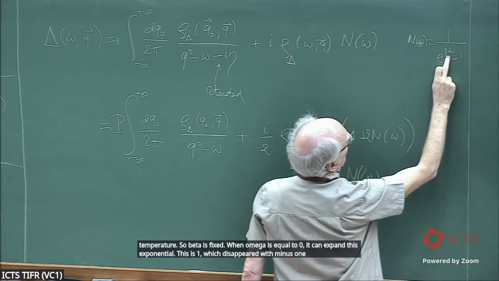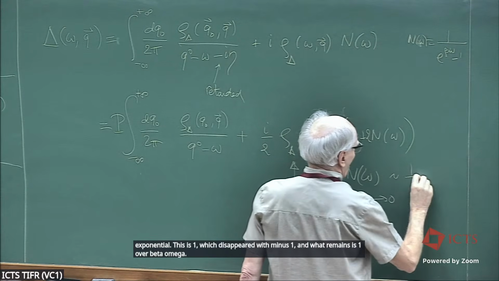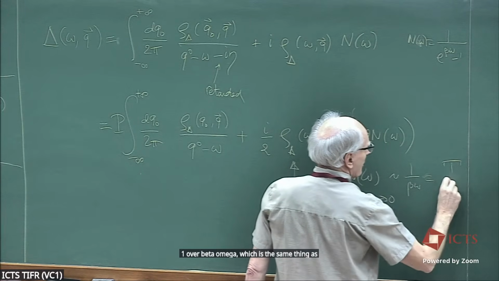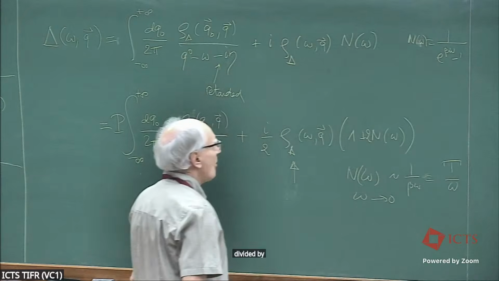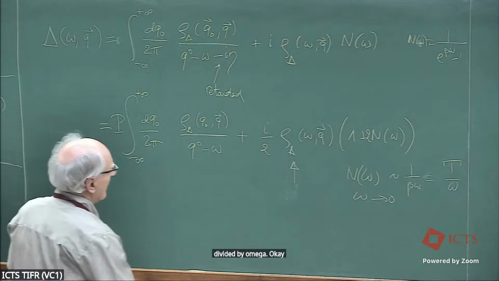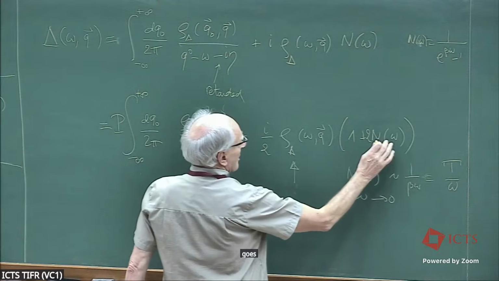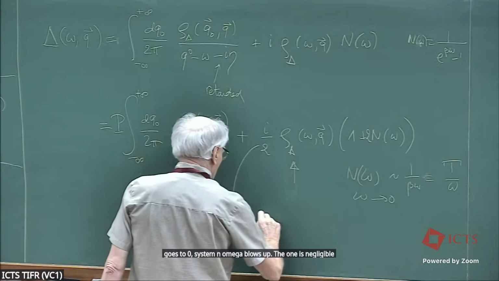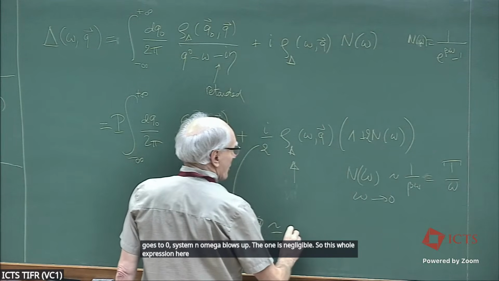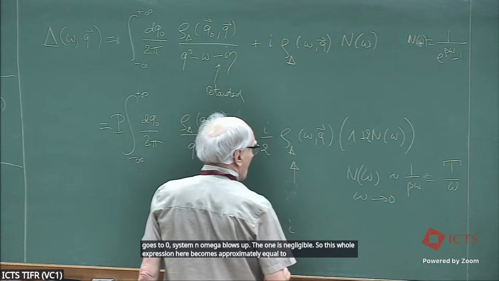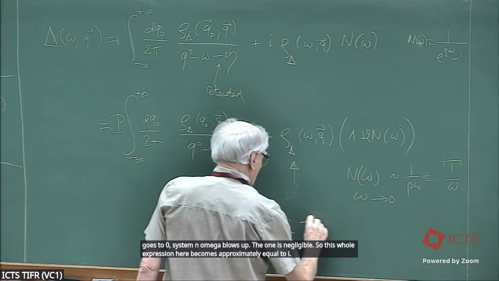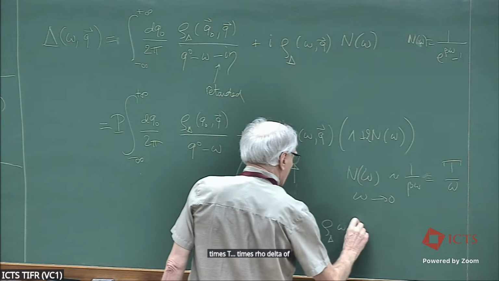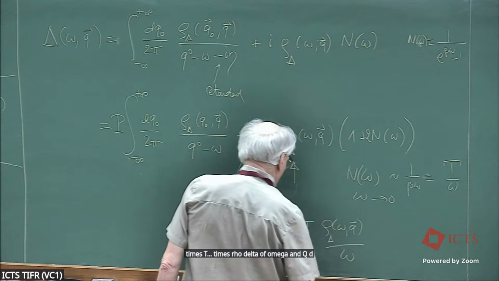And what remains is 1 over beta omega, which is the same thing as the temperature T divided by omega. Okay? So when omega goes to 0, this term n of omega blows up, the 1 is negligible. So this whole expression here becomes approximately equal to I times T times rho delta of omega and Q divided by omega.